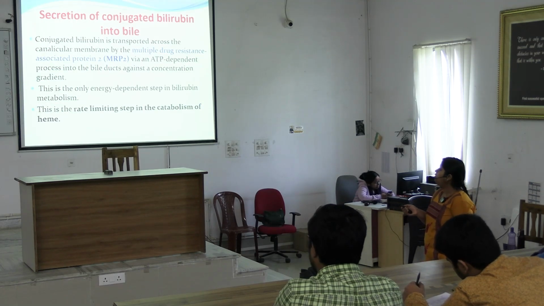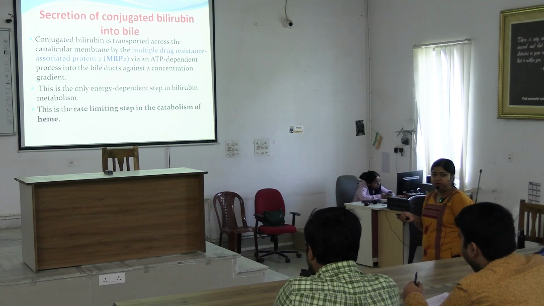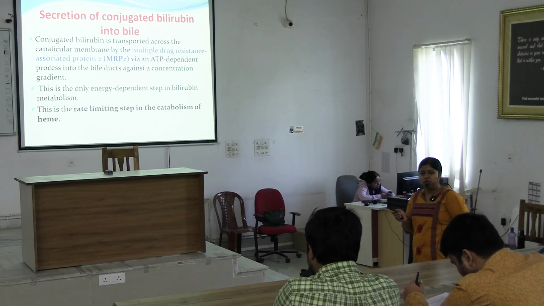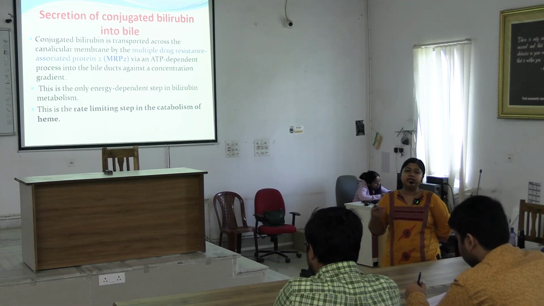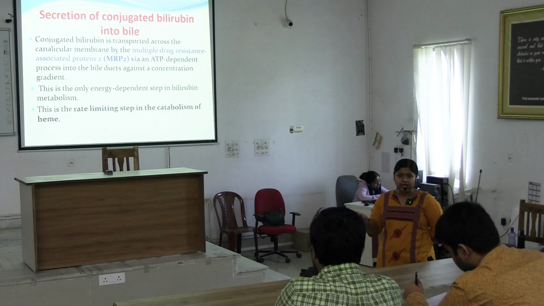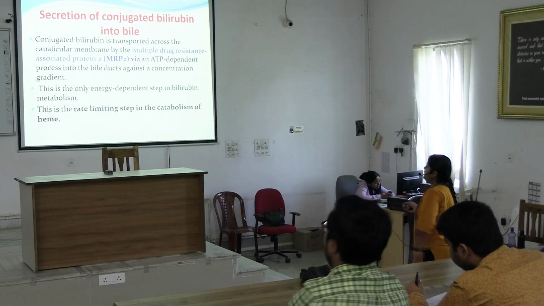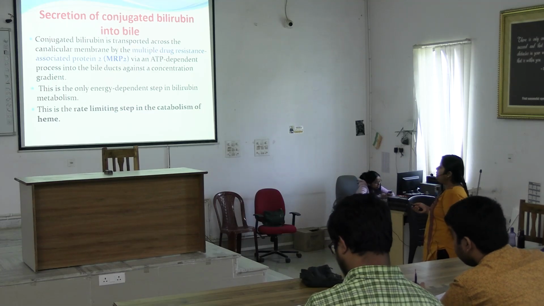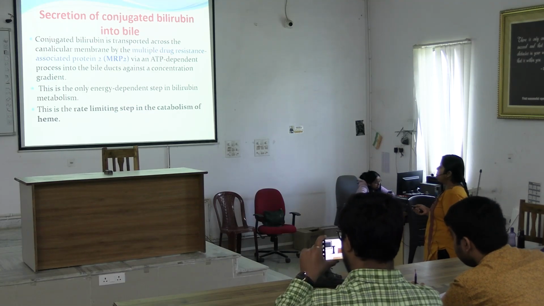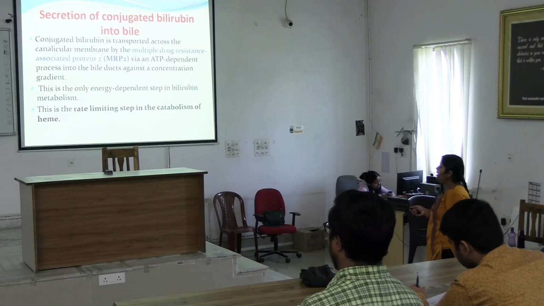Now, secretion of conjugated bilirubin into bile. What happens to the conjugated bilirubin? Conjugated bilirubin is water soluble now and it is non-toxic. So it can be easily secreted in the bile and it will be excreted mostly via our feces. Conjugated bilirubin is transported across the canalicular membrane by the multiple drug resistance associated protein 2, or to remember, MRP2.